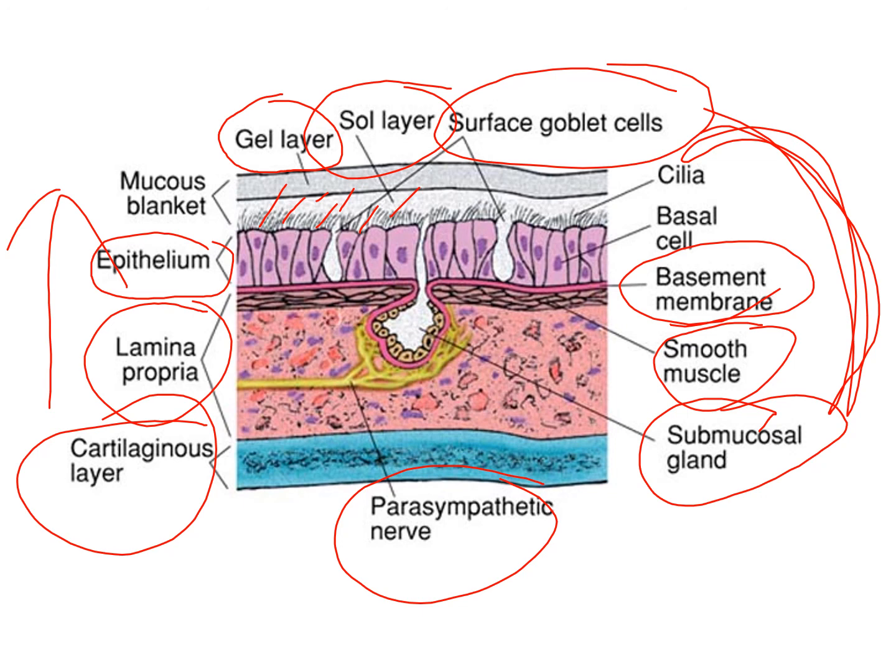The sol layer is very thin and watery, and it allows the cilia to move in there. The thing about the cilia is it's like walking: you want that to be thin and watery, like walking down a concrete path. There's not much that's going to impede your feet from moving. But as you get to the thick, sticky gel layer, that mucus becomes very viscous, and you want it to be thick and sticky, because that means it'll trap pathogens, dust and particles.